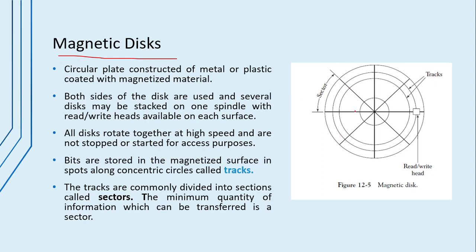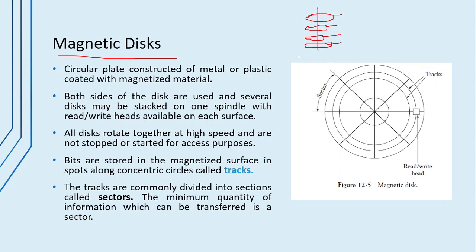Both sides of the disk are used, and several disks may be stacked on a spindle with read and write heads. It might look like this. This is the middle, the spindle on which the disks are stored, and multiple disks can be stacked. The read and write heads will be here, something like that.